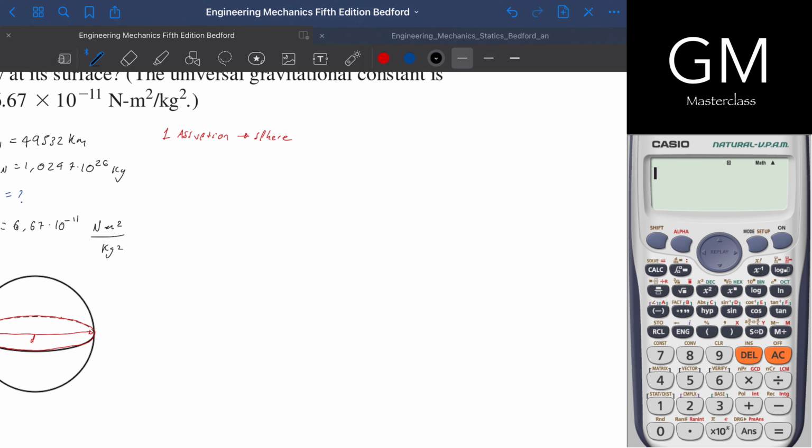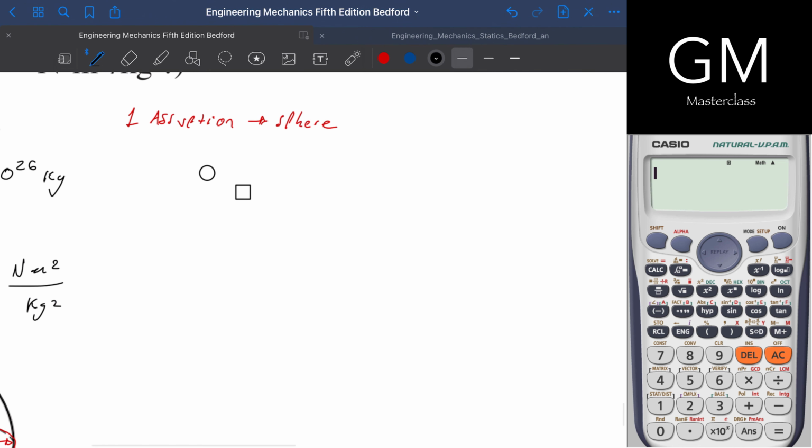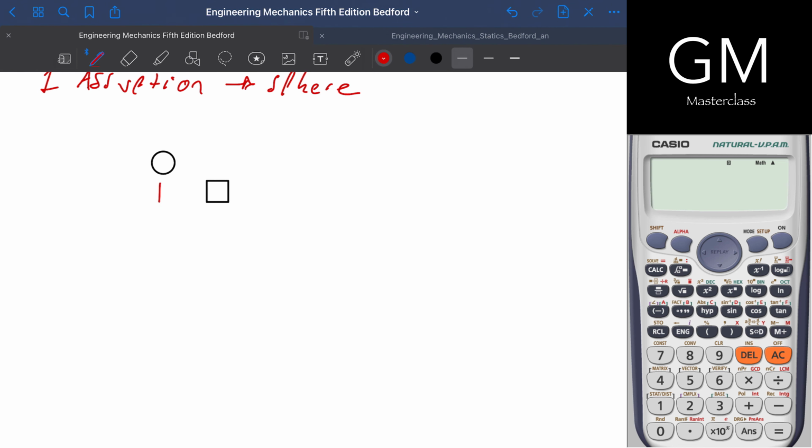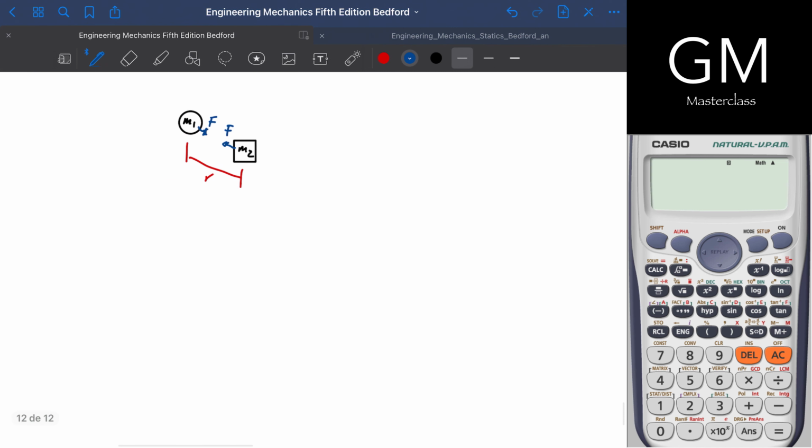So, when I have two particles separated by a specific distance, which I am going to call r, and those particles have masses m1 and m2, m1 for the first particle and m2 for the second one, an attraction force is going to be generated, which is going to be the same for the two particles.